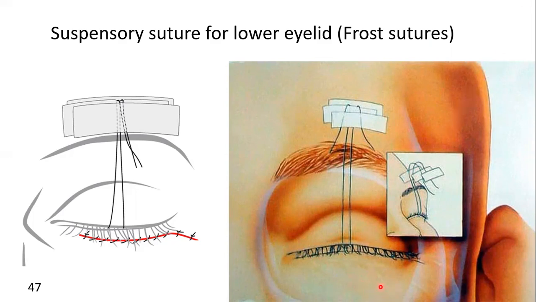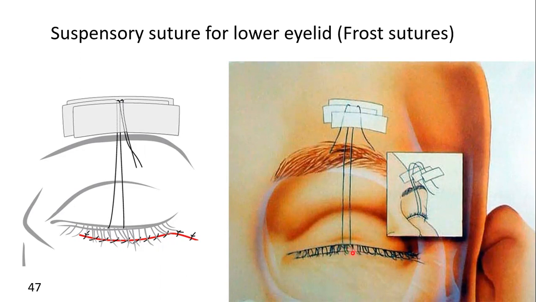This lower lid suspensory suture is placed at completion of the surgery. The suture is placed just below the lower eyelashes, but just above the subciliary incision, taking care to engage the tarsal plate.